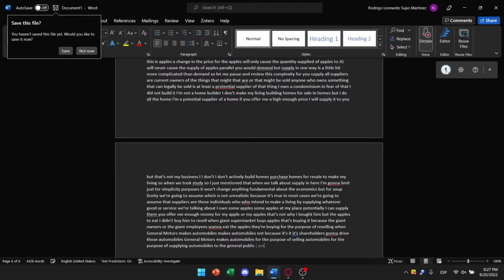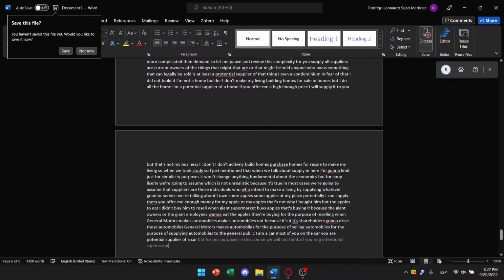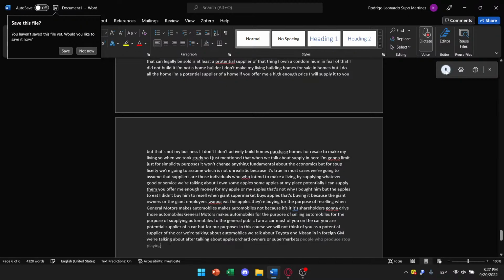I own a car. Most of you own a car. You are a potential supplier of a car. But for our purposes in this course, we will not think of you as a potential supplier of a car. We're talking about automobiles. We're talking about Toyota and Nissan and Ford and GM. We're talking about Apple orchard owners or supermarkets. People who produce something in order to resell it.